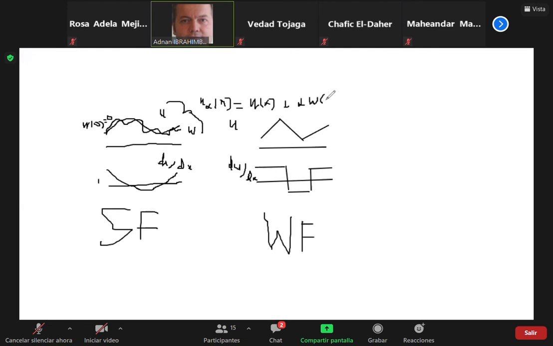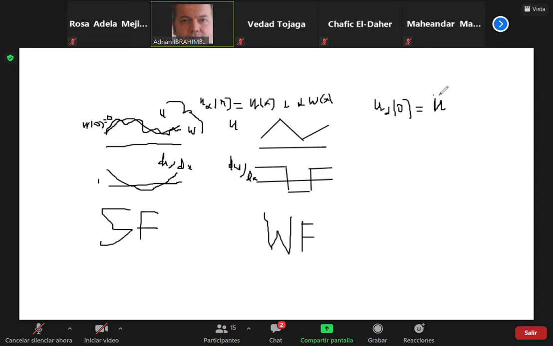And again, this variation W of x has to be kinematically admissible, which simply means that at the point where I apply the true displacement, this U alpha has to be equal to U bar. So this is kinematic admissibility. U alpha at 0 should still be equal to U bar.